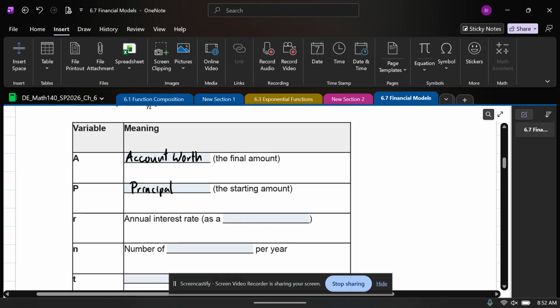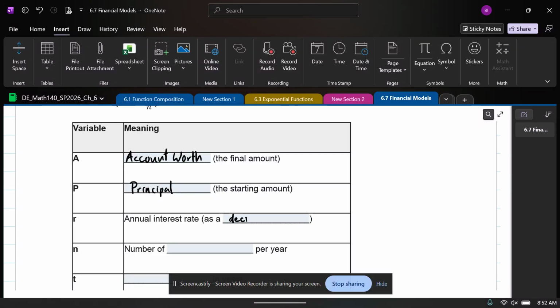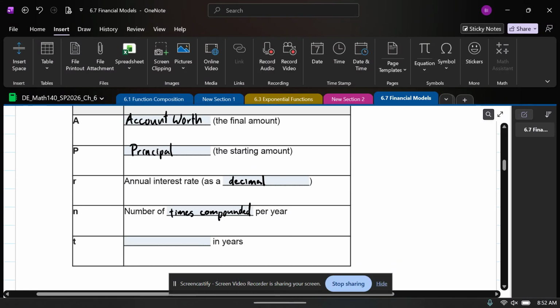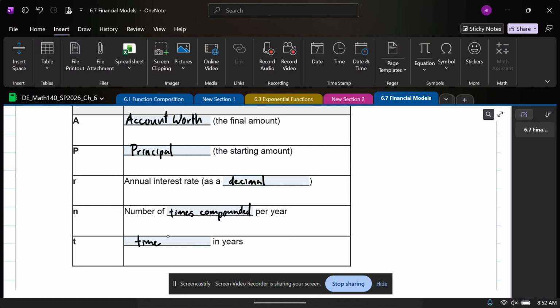The r is the annual interest rate as a decimal. So just reminding us of that. n is the number of times compounded per year. Okay. So if it's monthly, that's going to be 12 times. Quarterly would be 4 times. We'll talk about some of those things as we get into the problems. But n is going to be how many times it's compounded in a year. t is going to be time in years.